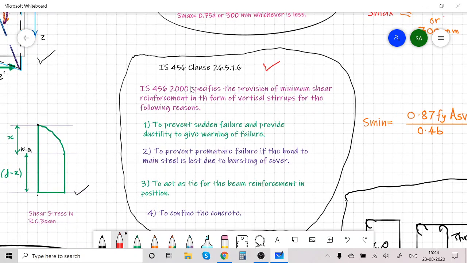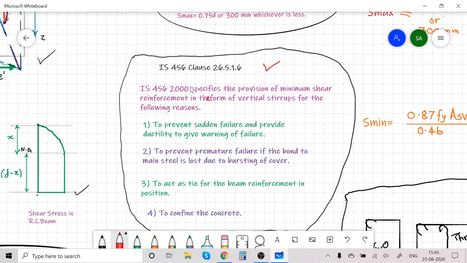26.5.1.6. IS 456-2000 specifies the provision of minimum shear reinforcement in the form of vertical stirrups for the following reasons. First, to prevent sudden failure and provide ductility to give warning of failure.